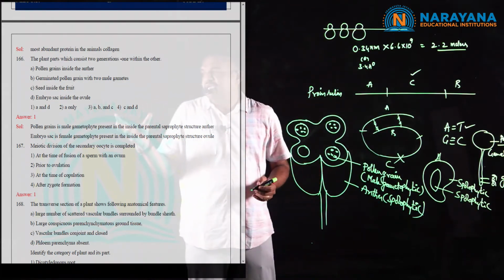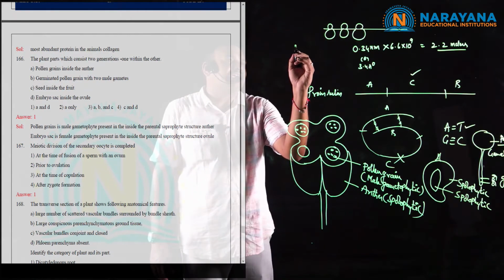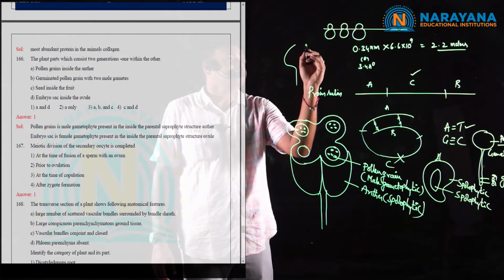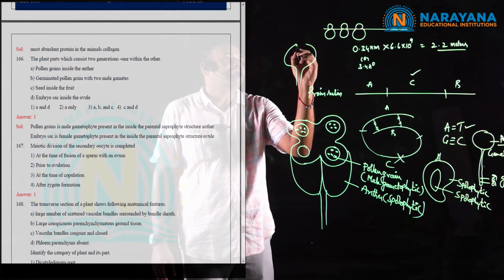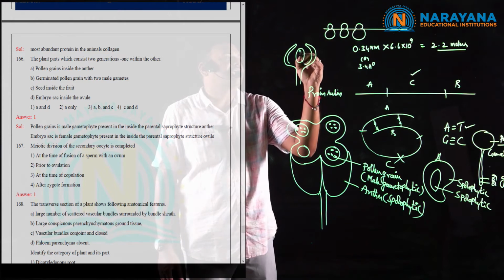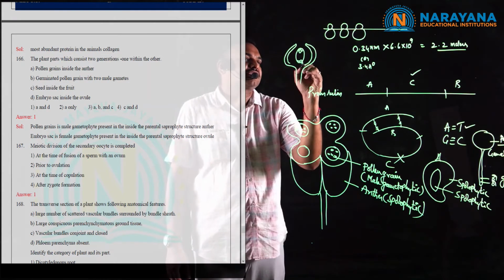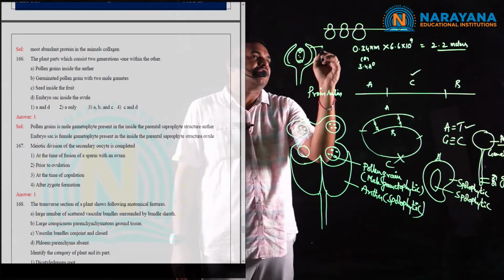And fourth option, embryo sac inside the ovule. Here I would like to represent an ovule. Inside the ovule, it contains a female gametophyte or embryo sac, and this is female gametophyte.